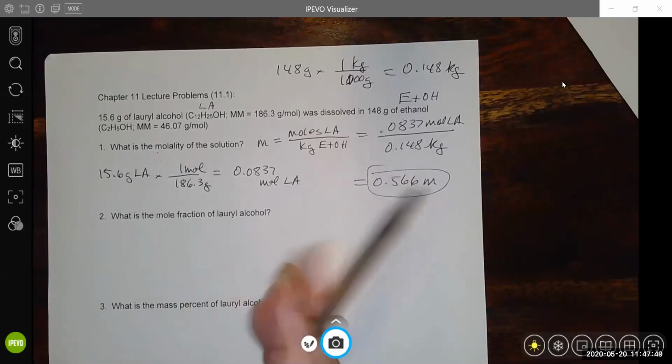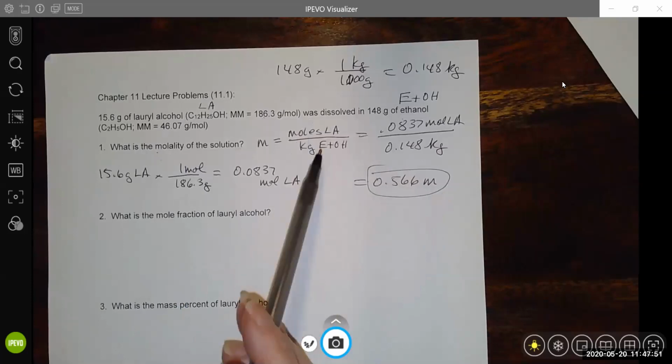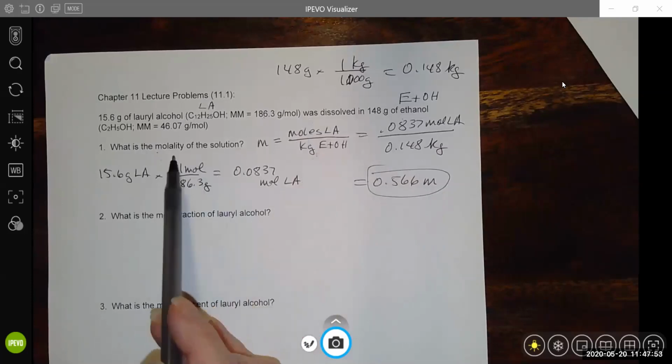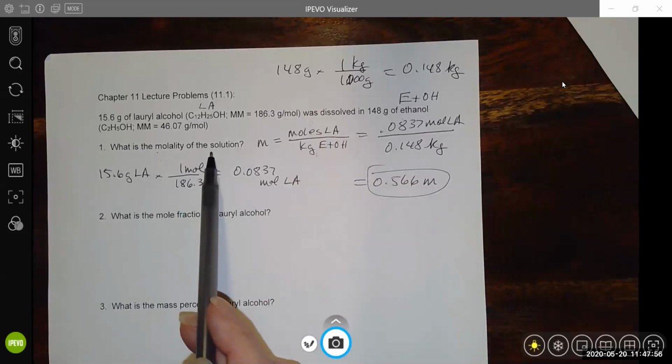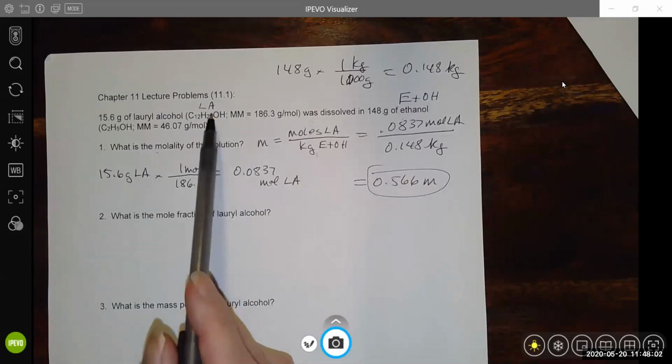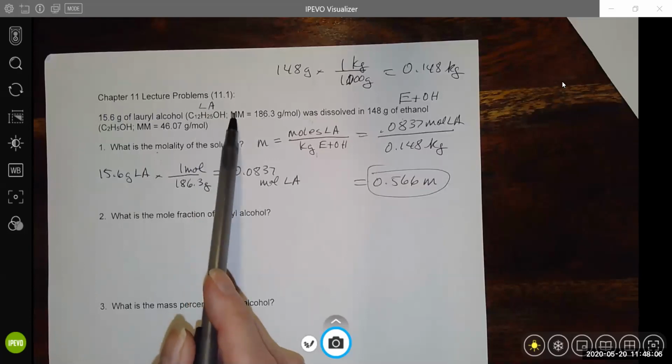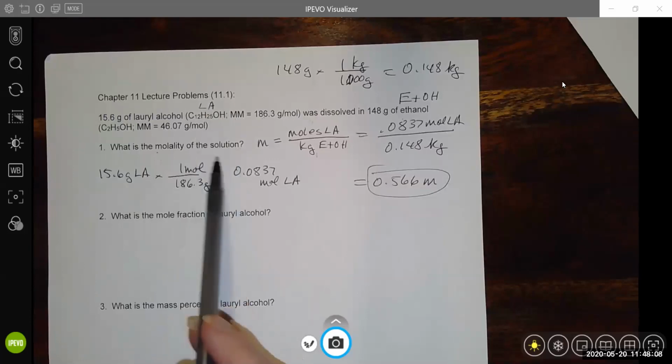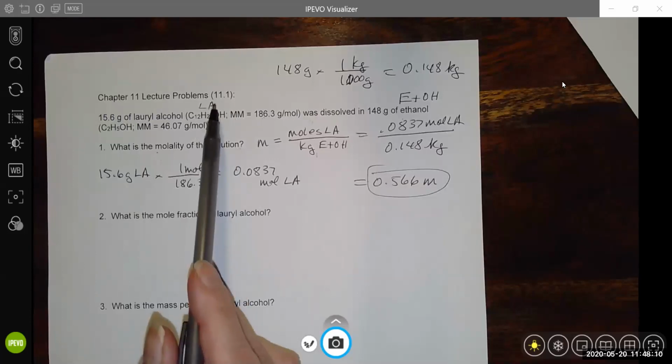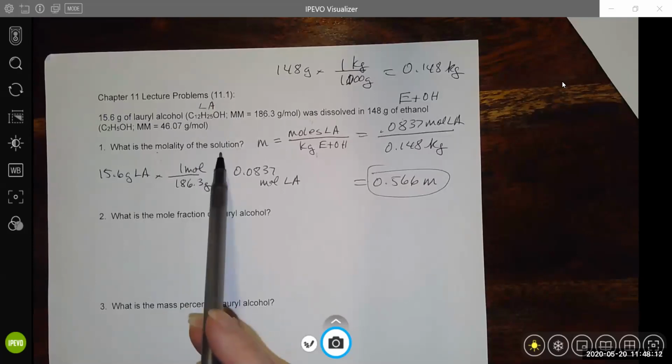It implies solute over solvent. I could say, what is the molality of lauryl alcohol in the solution? That would mean the same thing and be very specific. Since there's only one solute here, I can just say molality of the solution. But if I had two solutes, I would have to be specific, so don't let that confuse you.